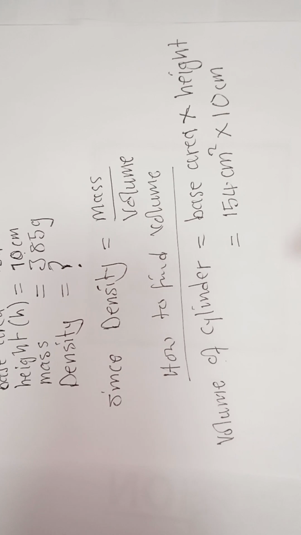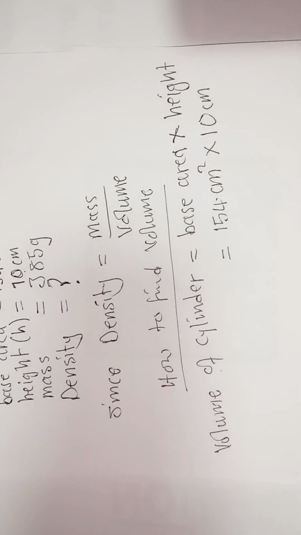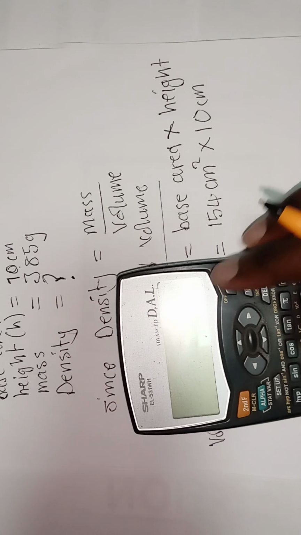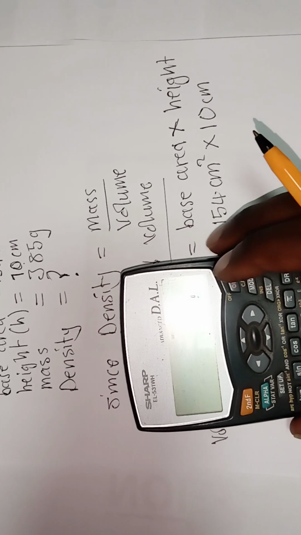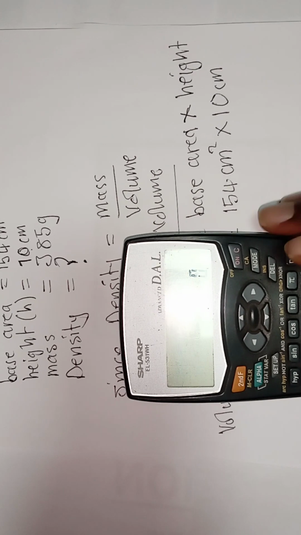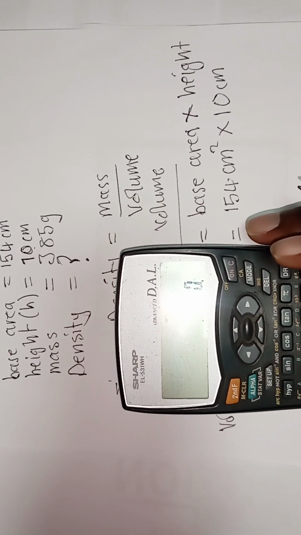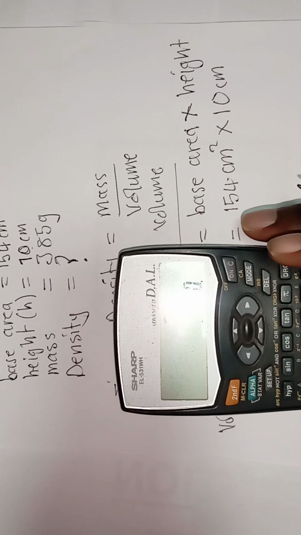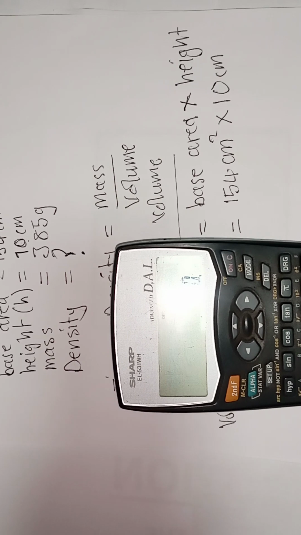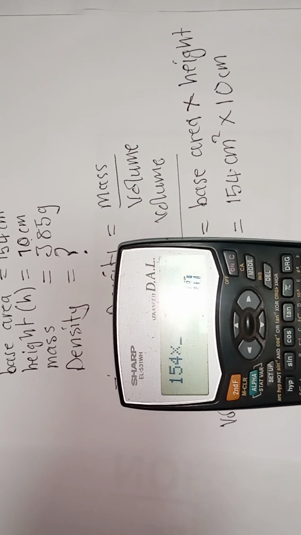So now let's work that out. You can simply do that without a calculator, but if you feel uncomfortable, you can still use a calculator depending on the requirements of your institution, be it your school. Of course, some papers will not require you to use a calculator. So we have 154 multiplied by 10, which is straightforward.